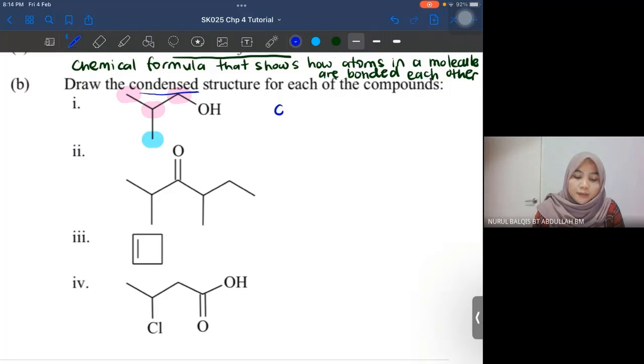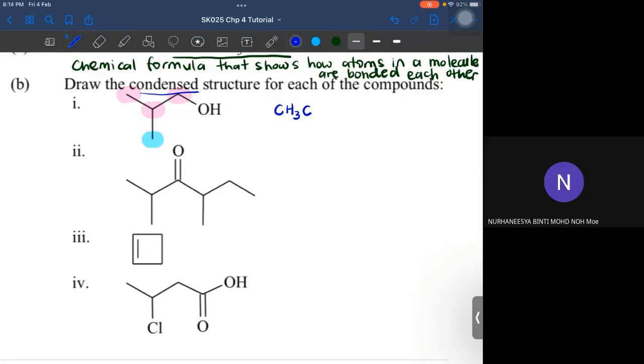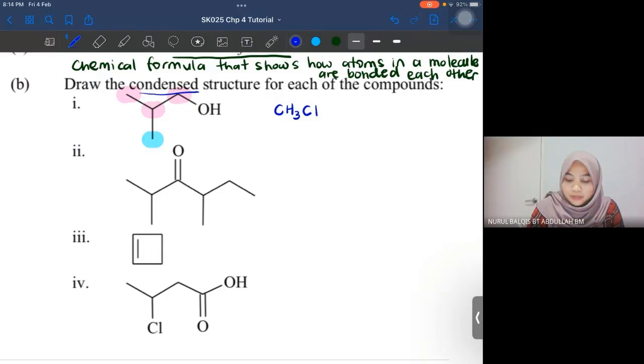So now kita start daripada yang paling kiri ni. We got C and then C pertama ada berapa H keliling dia? Sebab dia tak tunjuk apa-apa, maksudnya H lah kan? 3. So CH3. And then carbon number 2 yang bawah ni ada berapa banyak hidrogen keliling dia? 1. Yang satu lagi belongs to siapa?